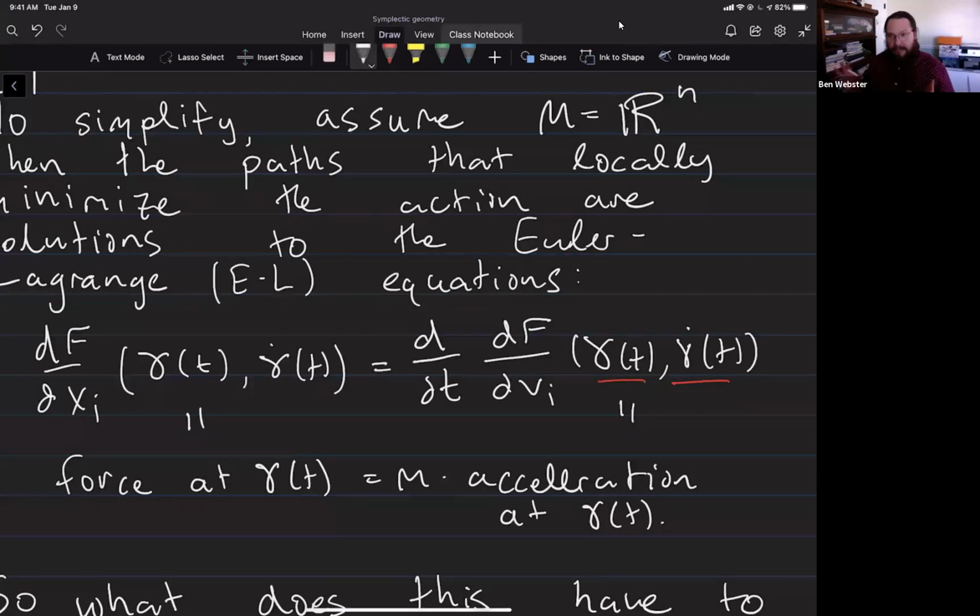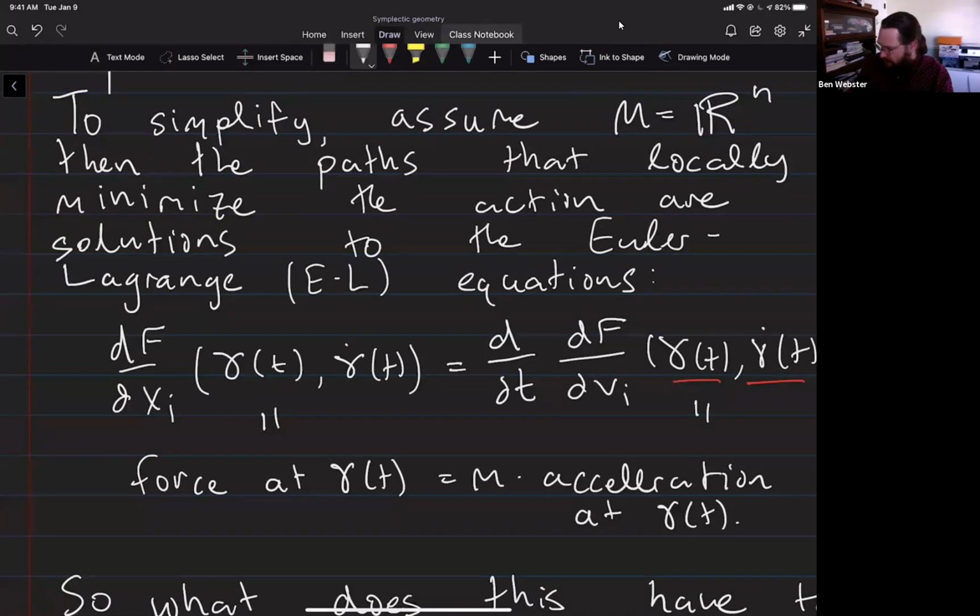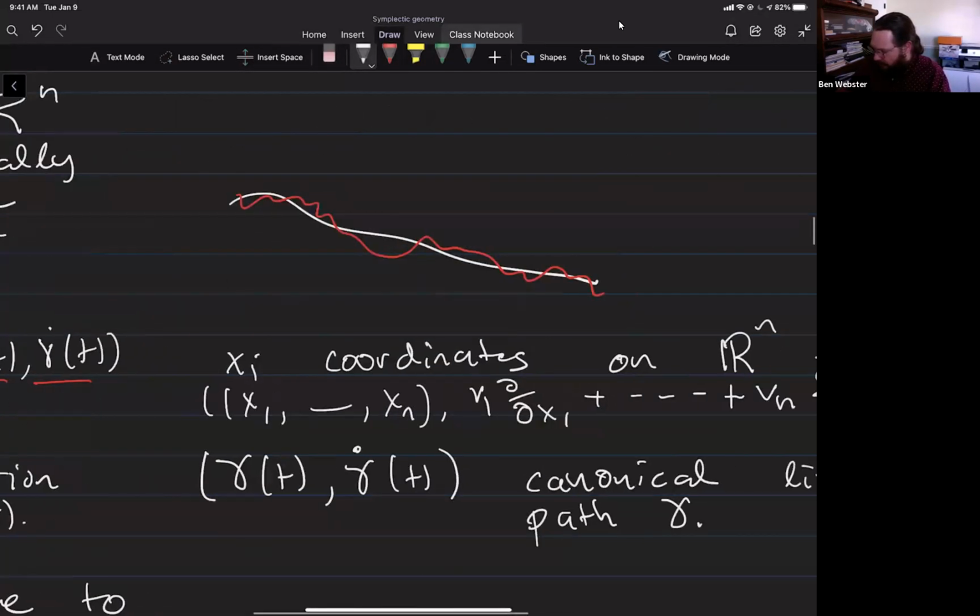And if you want to think about these in kind of Newtonian terms, let me actually go out here.